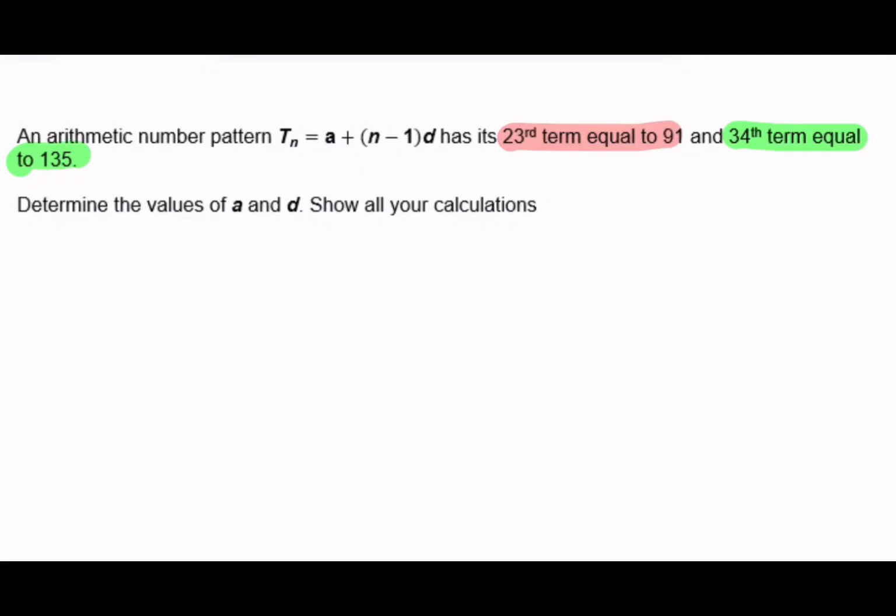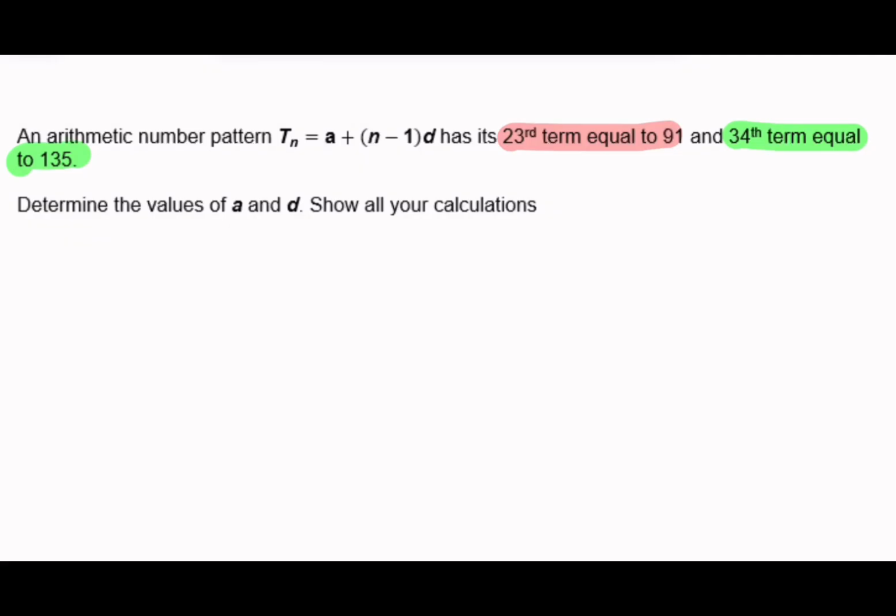Two pieces of given information there. And the question is, determine the values of a and d. Show all your calculations. Just before I start solving this, I do recommend you pause the video and try to do it yourself.